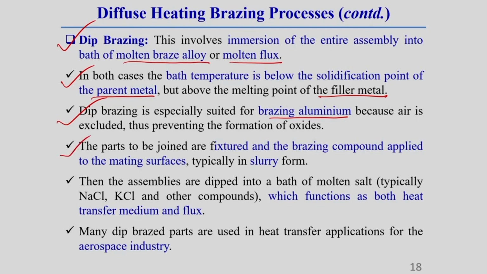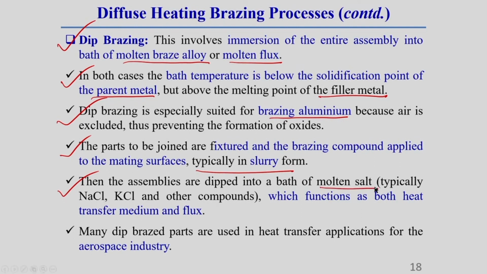Now, the parts to be joined are first fixed and the brazing compound is applied to the mating surface. Typically this brazing compound is in slurry form. You should keep this in mind. Slurry form is a paste type of form, a combination of liquid and solid. Then the assembly is dipped into a bath of molten salt.